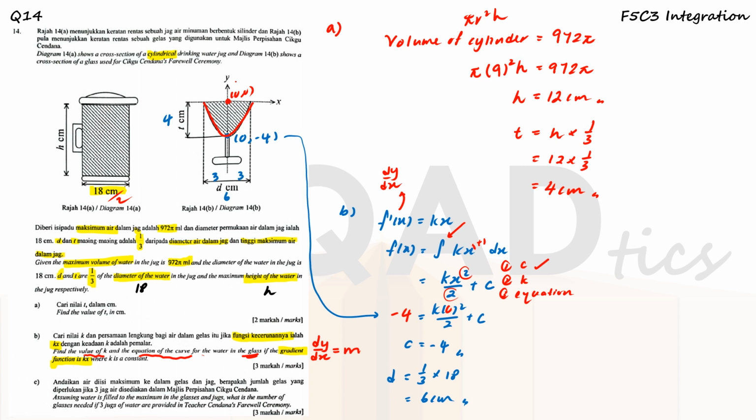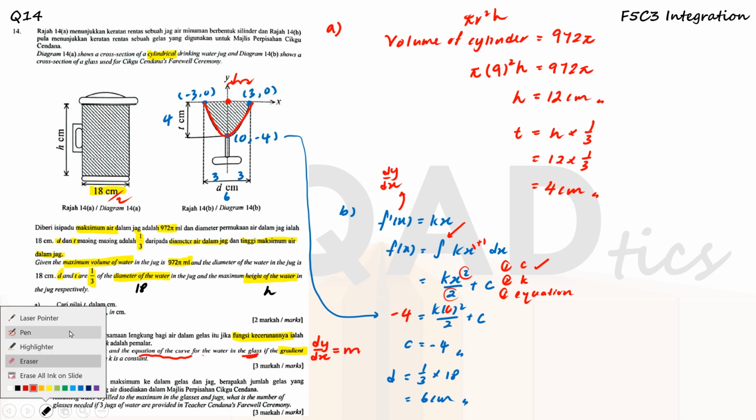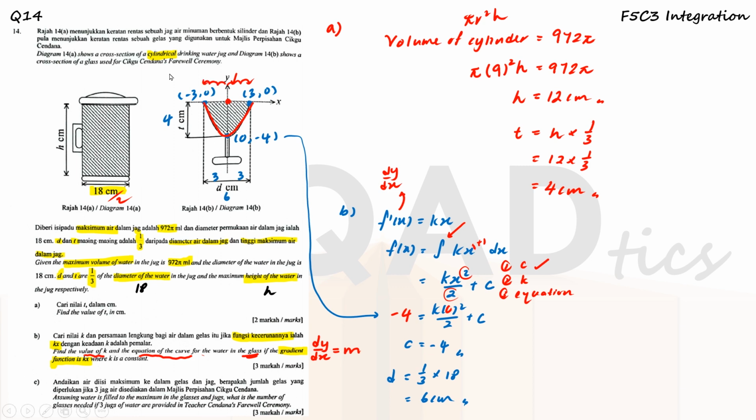Since here is 0, if I go 3 units to the right, the coordinate here would be 3, 0, right? And going to the left, it's negative 3, 0. So we can use one of the points to help us find k.